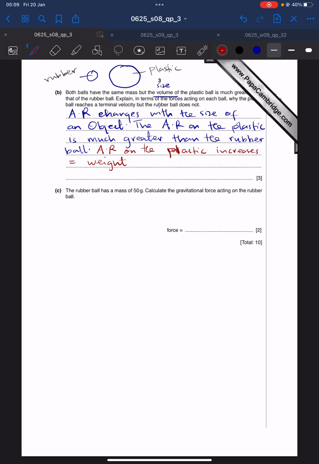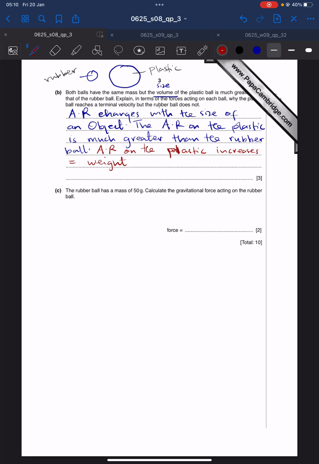Yeah. You make an explanation in that line يعني. So the air resistance changes with the size of an object. The air resistance on the plastic is much greater than the rubber. You can add because it is much larger. Air resistance on the plastic increases until it is equal to weight.